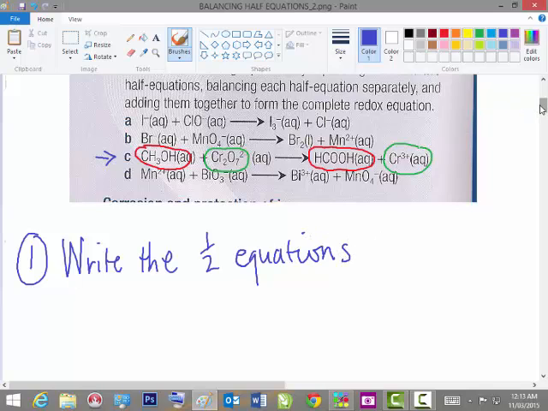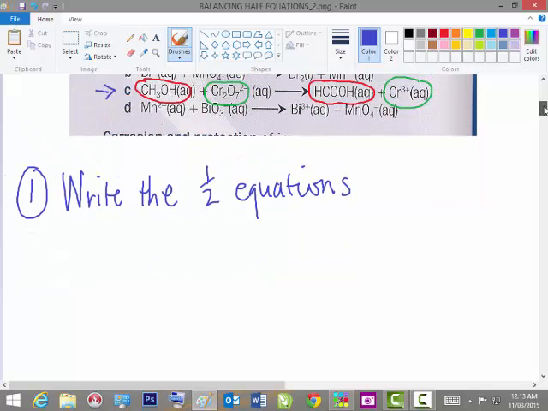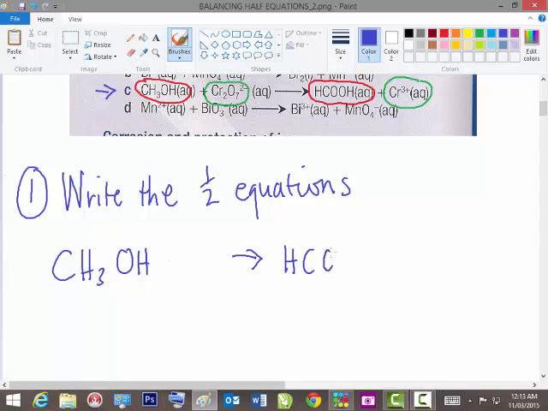Right, and then let's tackle one of them at a time. So we'll tackle the first one, which is CH3OH goes to HCOOH. Right.